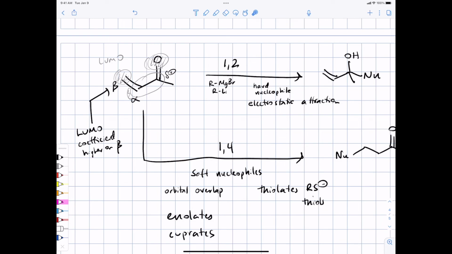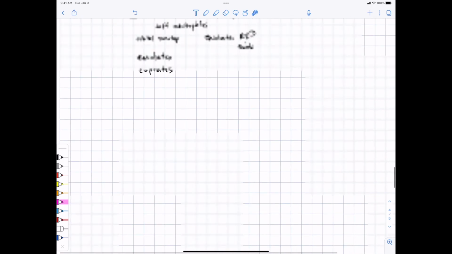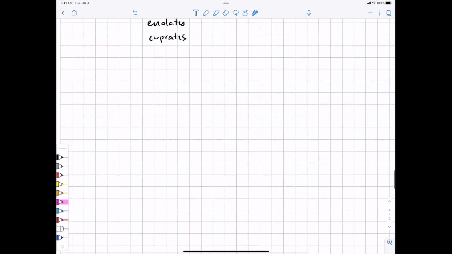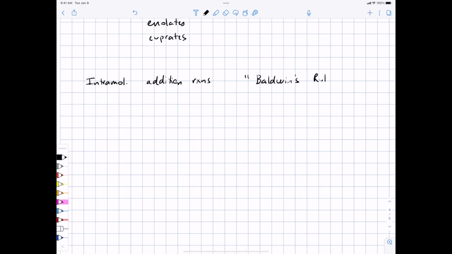What we'll do in the last couple minutes is talk about basically intramolecular addition reactions and something called Baldwin's rules. And these come up occasionally.